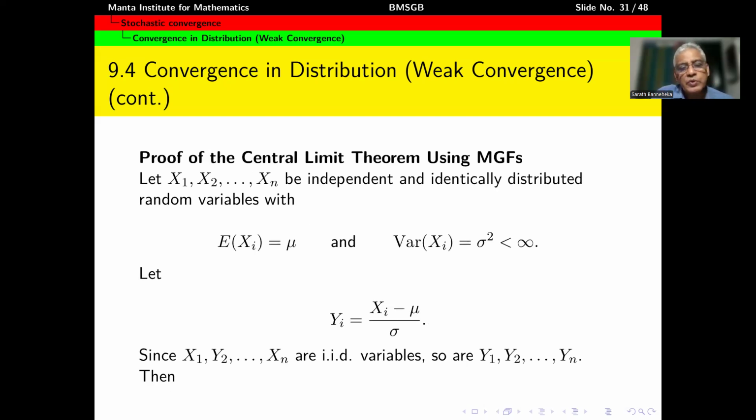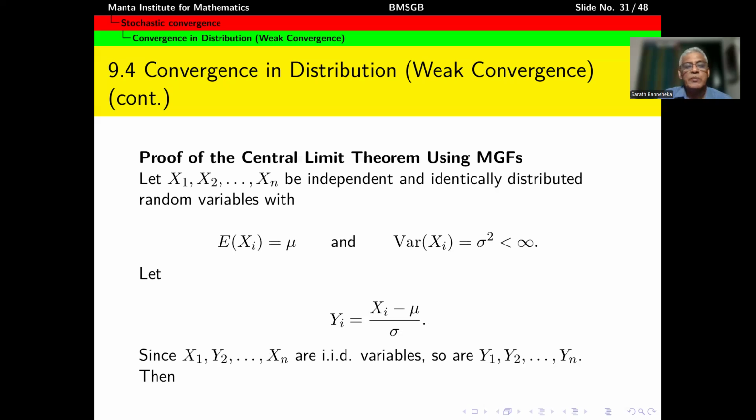I'm going to look at the proof of this theorem also at the same time here. Just for completeness of this part, we will look at the proof of the central limit theorem. We are going to prove this theorem using the moment generating function technique.